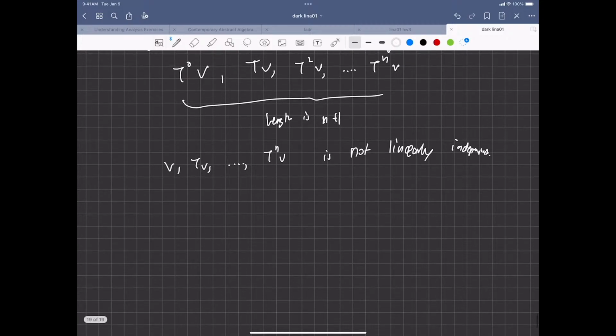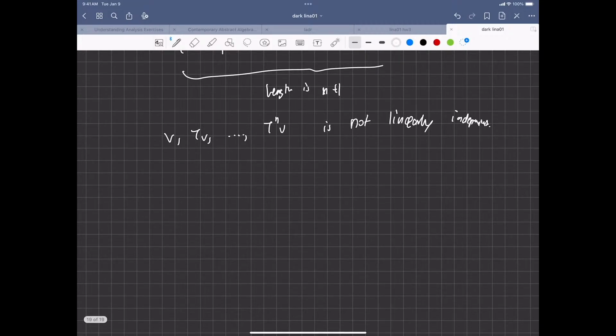So what does this mean? Since it's not linearly independent, there exist coefficients, not all 0, such that we're just going to label them like this.